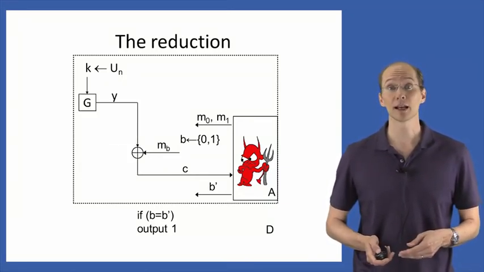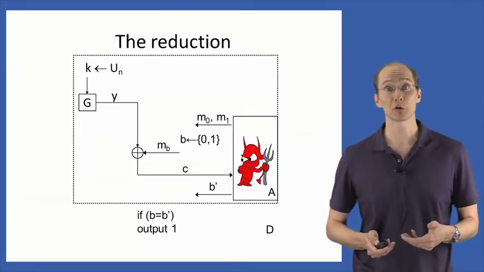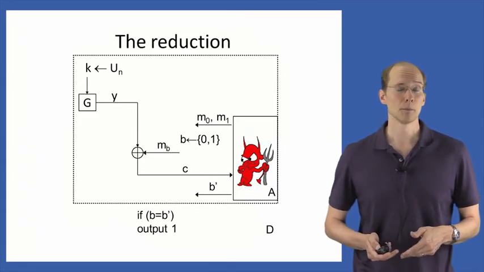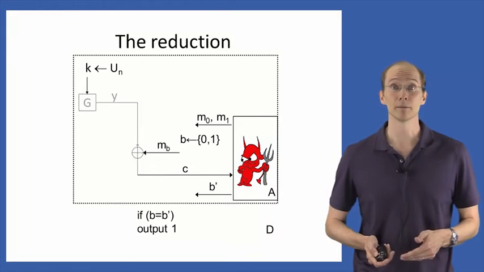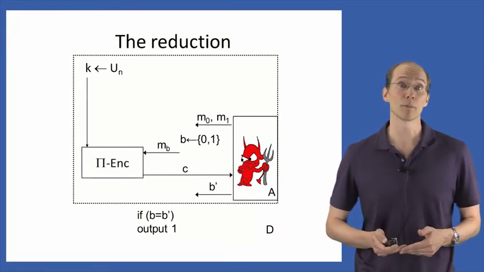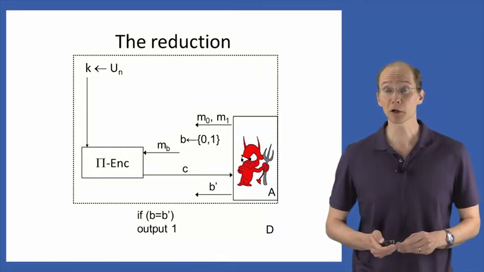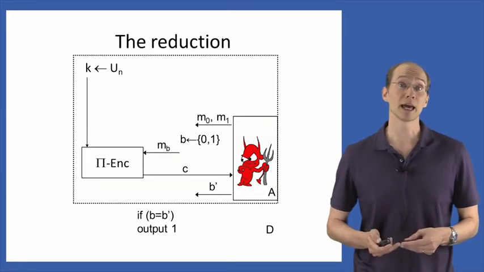You can take a look at that again. Here we take the key, run it through G, get a string y, and then XOR that with M sub B. But remember that that's exactly what we do in the encryption scheme for the pseudo one-time pad. So we can replace that with a box for encryption in the pseudo one-time pad. And this picture is precisely the picture of the experiment priv_key A pi.